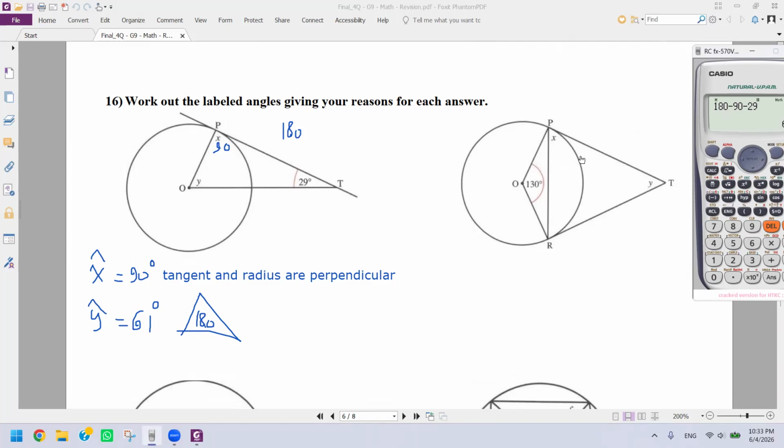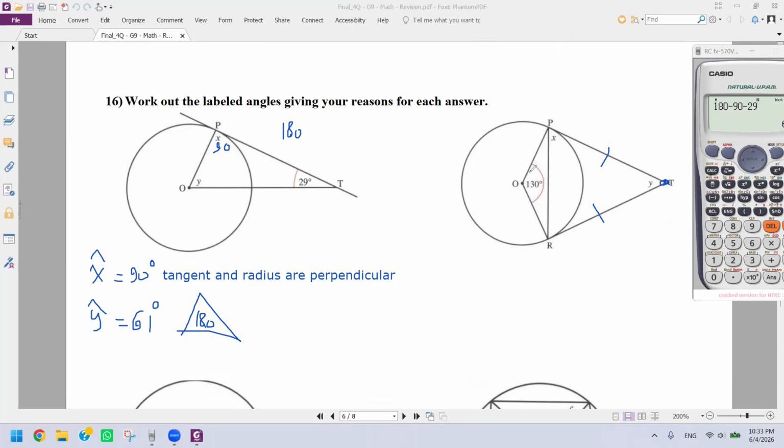Next one, you see, just from the shape that you can see, two tangent lines are equal. So from a point outside the circle, we draw two tangent lines. This side is equal to that side. Now they need me to find X and they need me to find Y. Okay, now look. First, let me start with that small triangle.